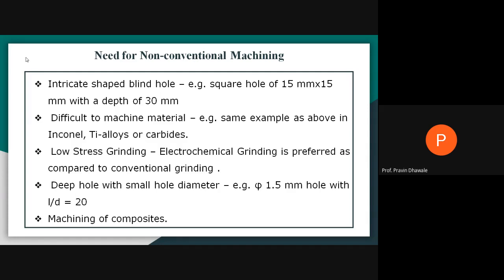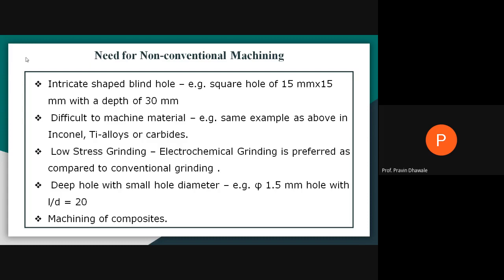There are certain materials having very high hardness. Such materials can be machined by using non-traditional machining, like titanium alloys and carbides. Machining of such materials is quite difficult by conventional machining.